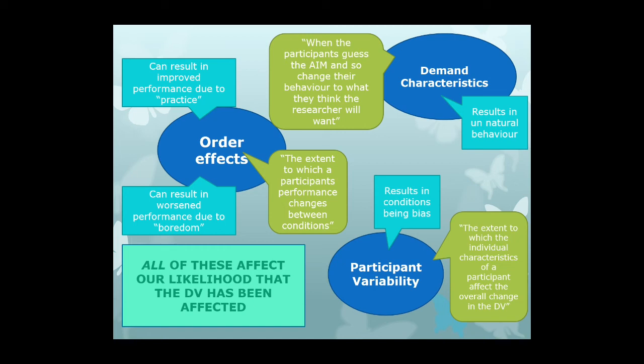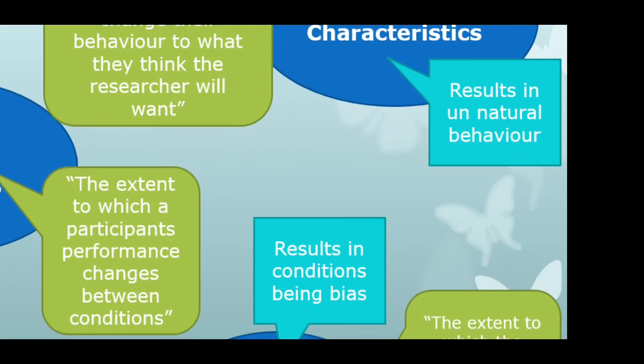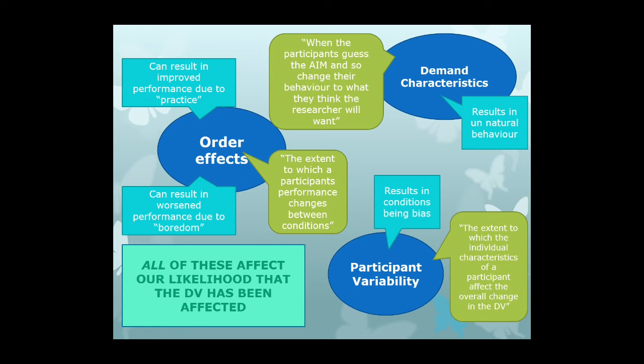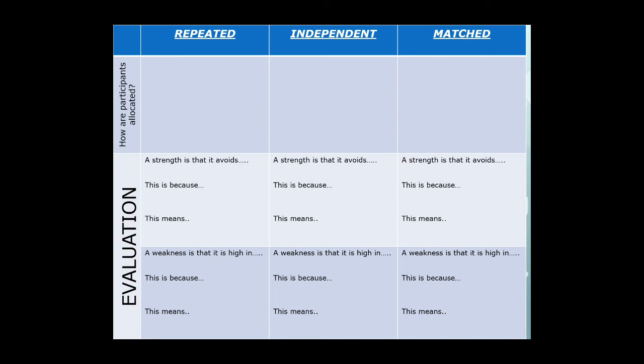the DV has not been affected by unnatural behaviours and has instead been affected by the independent variable. So by eliminating demand characteristics, your DV has not been affected by unnatural behaviours or unnatural responses, and it has only been affected by the independent variable.